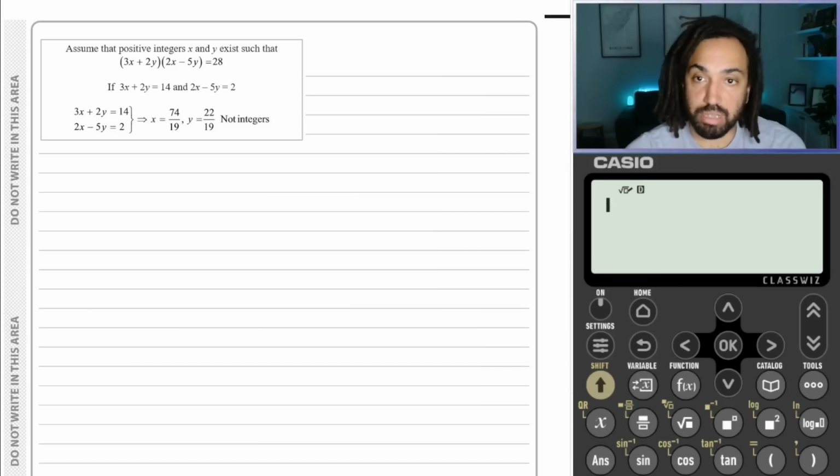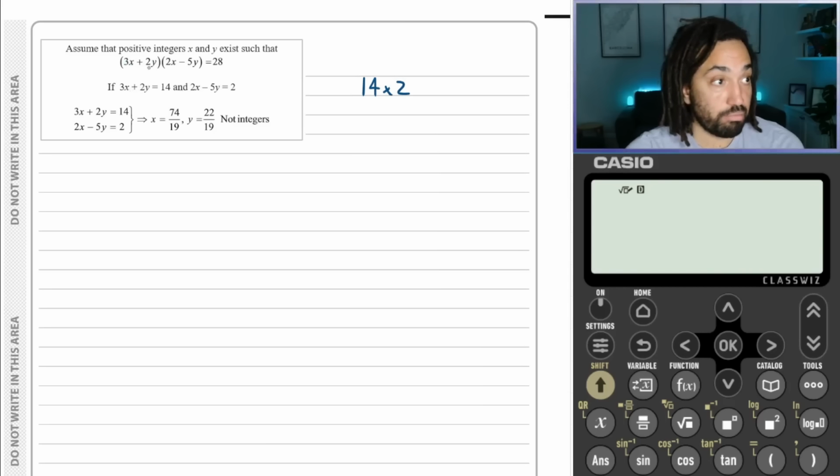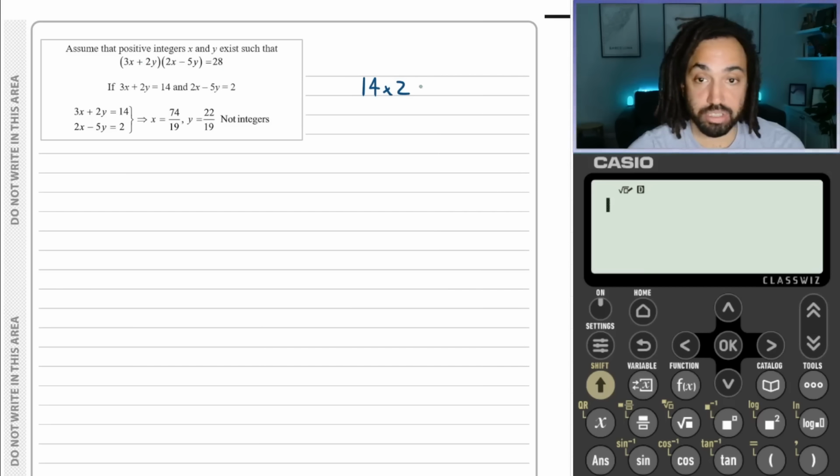Okay, right, so I am going to list out all of the pairings. So 14 times 2 is the one that they have done, where this bracket here is 14 and that bracket there is 2. Now the other way round would be the first bracket being 2 and the other one being 14.